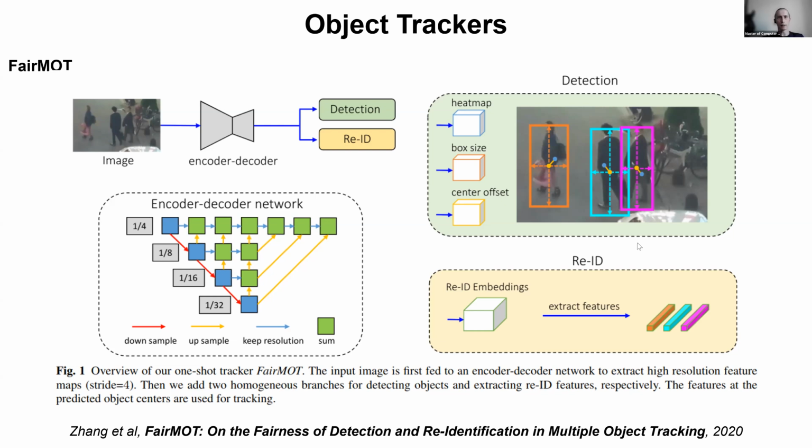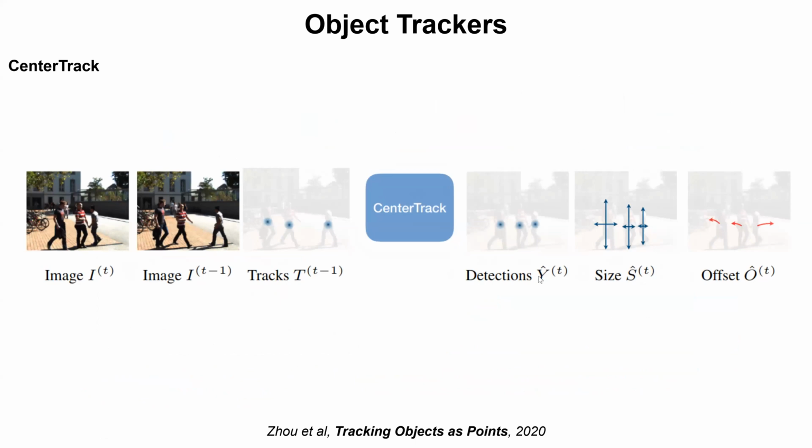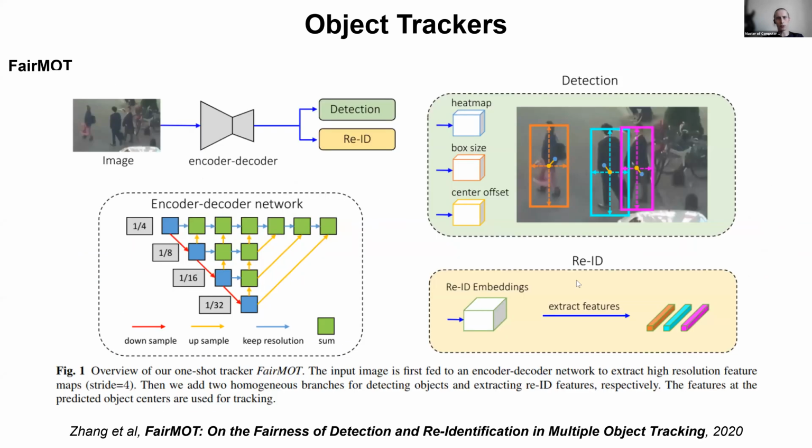Yeah, and CenterTrack, for example, is trained already to track. So apart from the CenterTrack itself, there was only a greedy matching algorithm based on the predicted offsets, while the fair mode is just a joint detection and identification model.